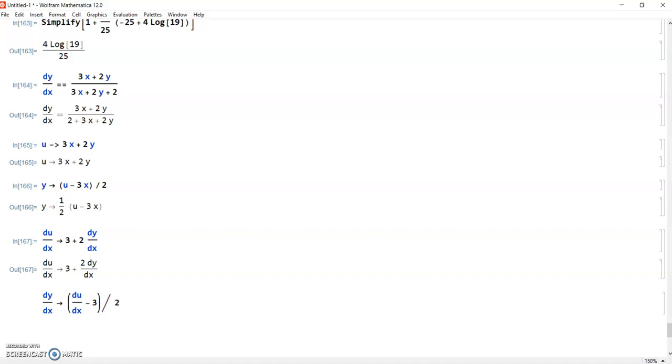So dy over dx is du over dx minus 3 divided by 2. Okay, so these are the substitutions which will be used.